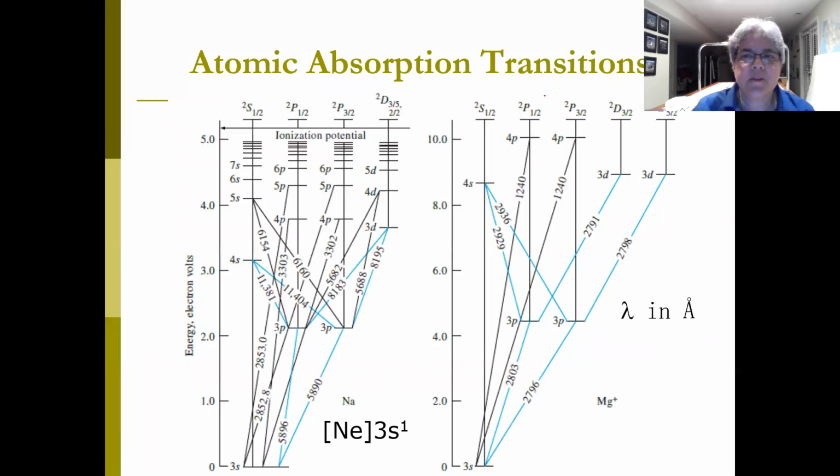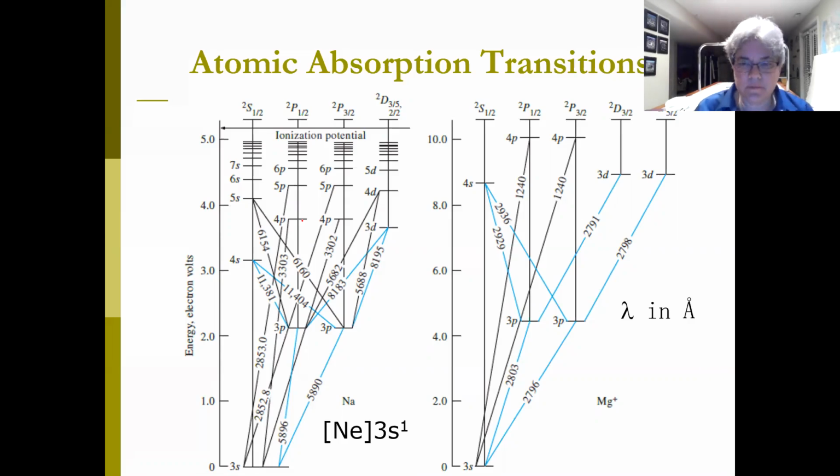And in physical chemistry, they can develop these charts to show you the different transitions. Notice this is the one for sodium, and here's that 3s electron, and it can absorb up to 3p, or here they show it going up to 4p, and there are some even more excited states it can absorb to. So these are all the different possible transitions that you could have for an atom.